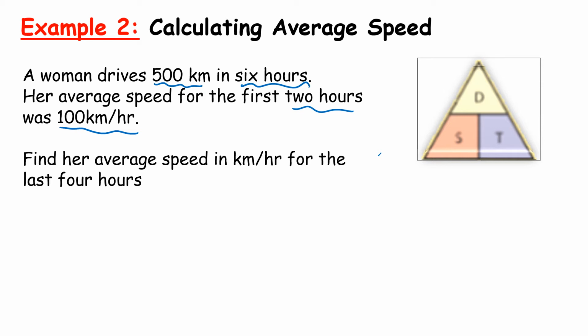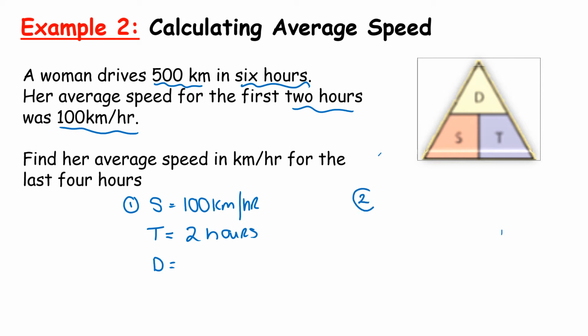She has two sections. The first piece of her travel is where she has a speed of 100 kilometers per hour, and we know the time it took was 2 hours, and therefore we can work out the distance she's traveled. In the second part of her journey, we don't know her speed. We know that the time will have been 4 hours because she traveled for a total of 6 hours, and we don't know the distance.